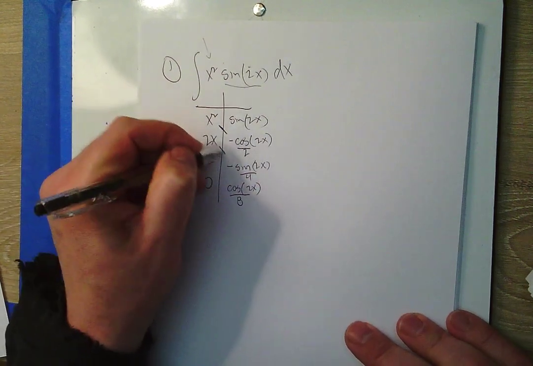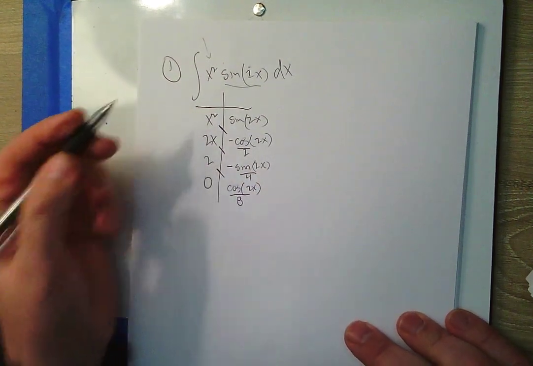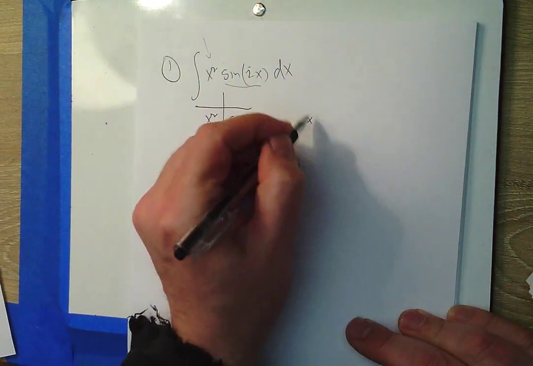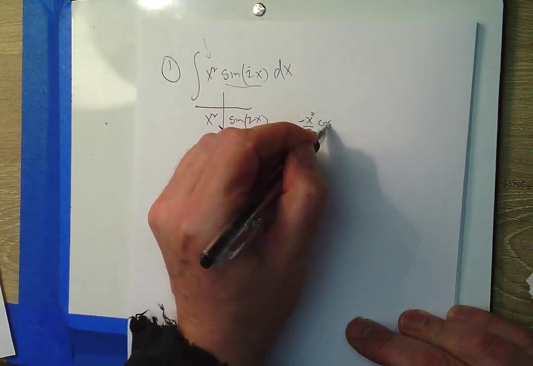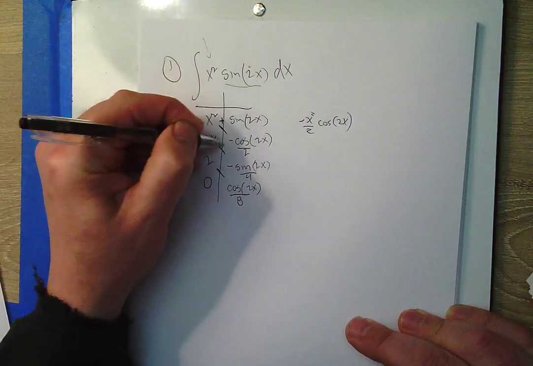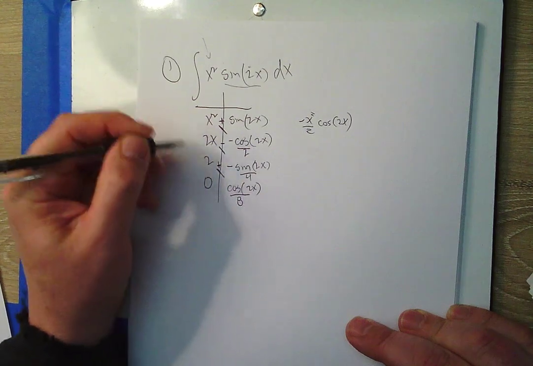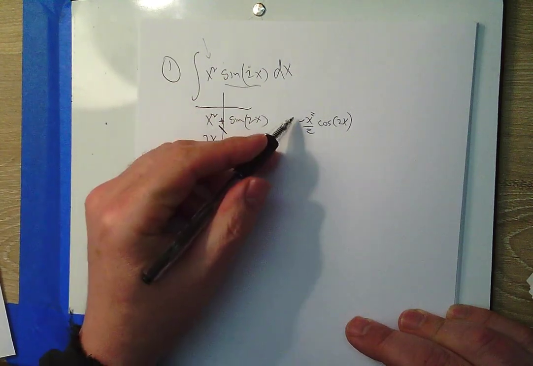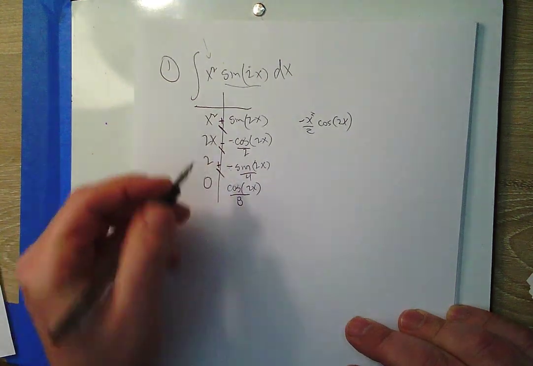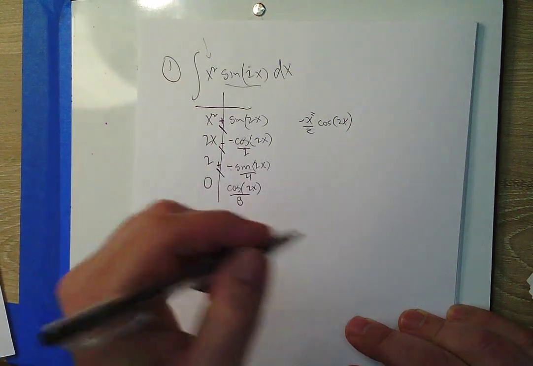Remember, we multiply on the diagonal, and so I end up here with negative x squared over 2 cosine 2x. Oh, hey, don't forget plus minus plus. So positive times negative, that's still negative, but positive times negative times negative is positive. 2 over 4 is 2.